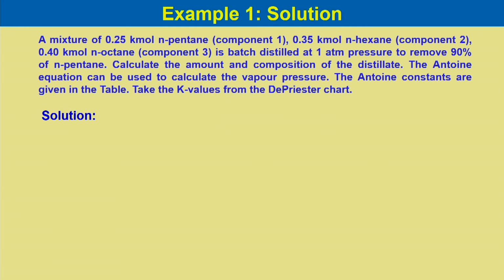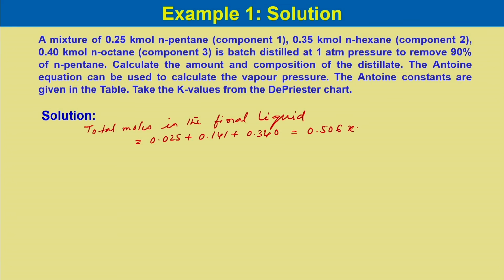Now, the total moles in the final liquid we can calculate, which would be equal to 0.025 plus 0.141 plus 0.34, which would be equal to 0.506 kilomole.